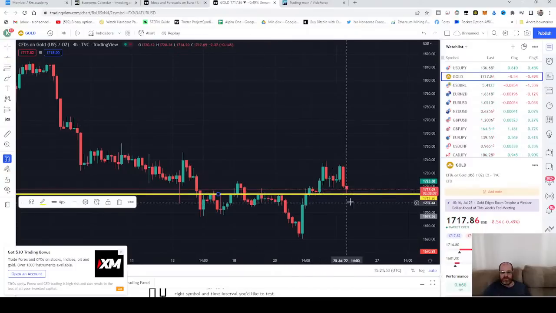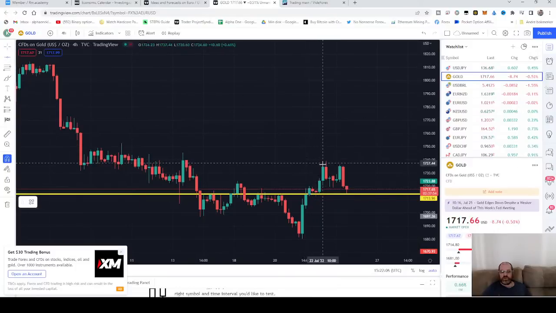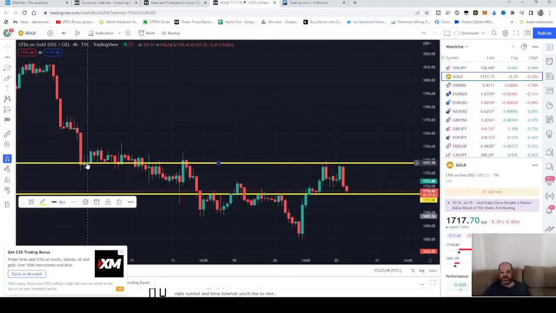We can see that this is a strong support area. And let's look at the top side. Yeah. Here we have the resistance. We can see this resistance is pretty strong, because you can see here how long we were basically playing.